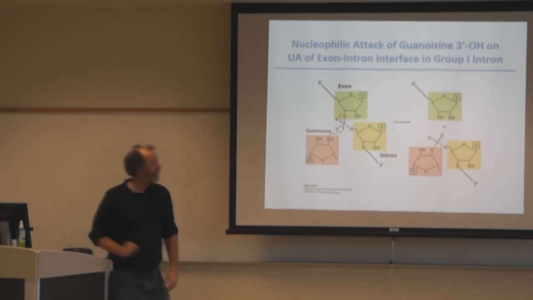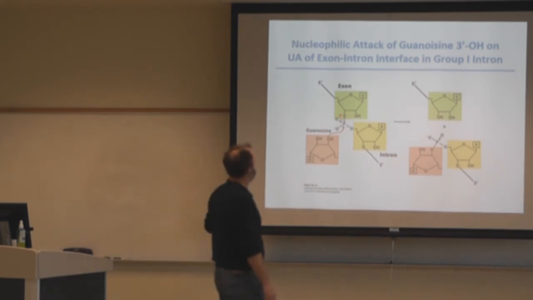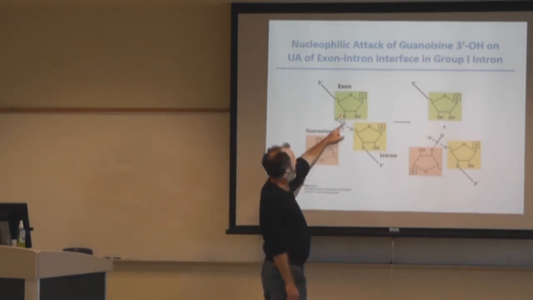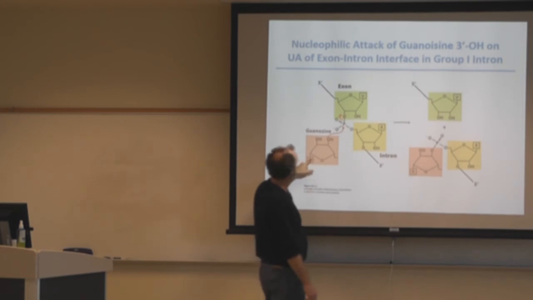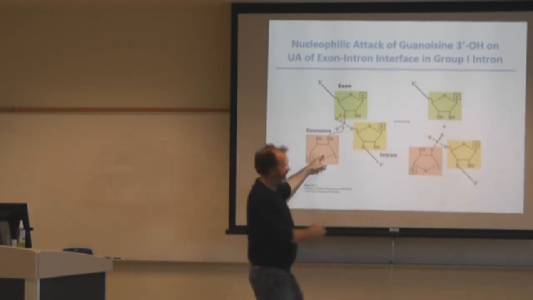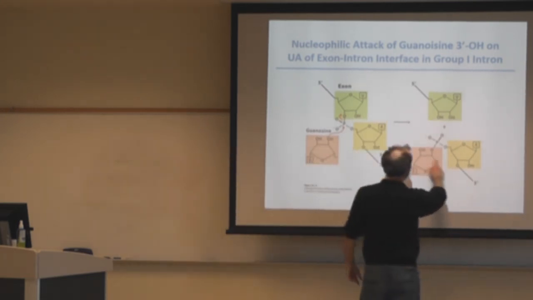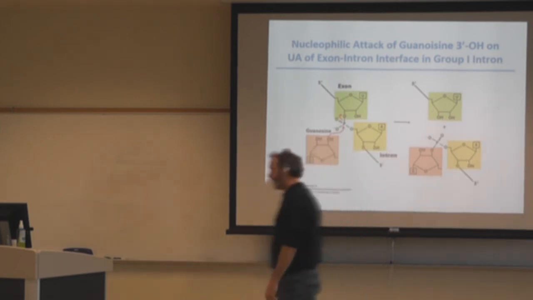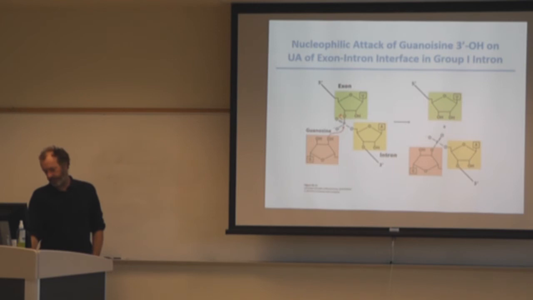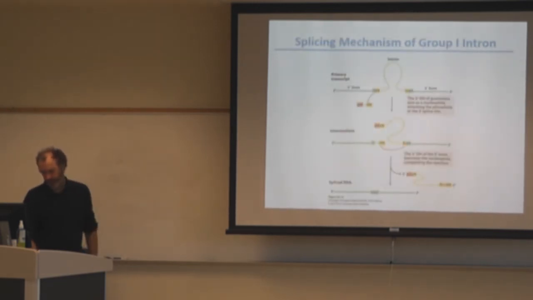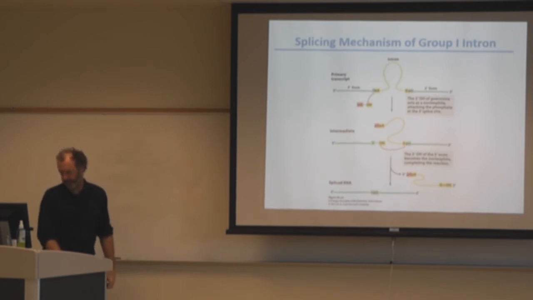So here the guanosine comes in and attacks the U at the end. You have a U and an A that's conserved here, and the guanosine is at the other end, and then you join this U and the G and the A. This is a better picture, I think.